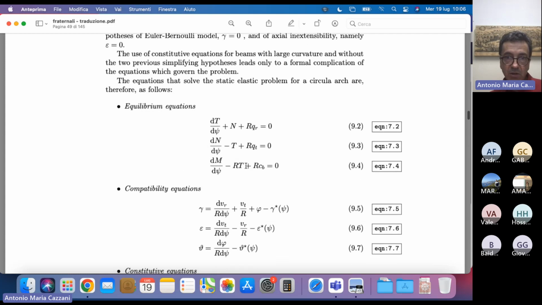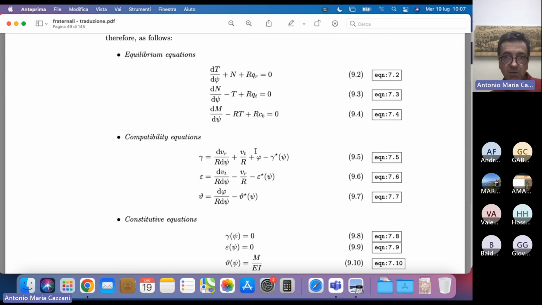And the angular momentum balance equation tells us that the derivative of m with respect to the anomaly psi minus the shear force multiplied by r plus the distributed couples multiplied by the same r must be 0.